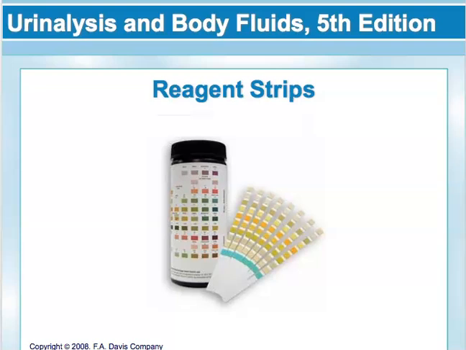And there's just a picture of what looks like a Multistix canister there. So this is what the canister looks like, the color chart that's on the outside of the bottle, and then the strips themselves.